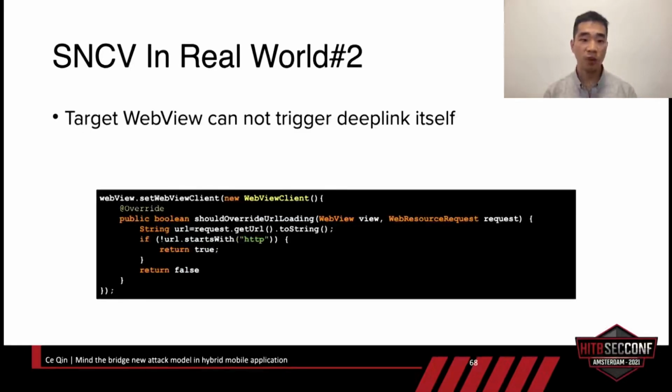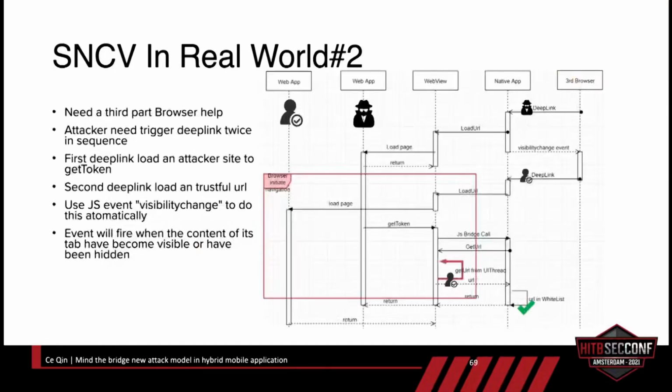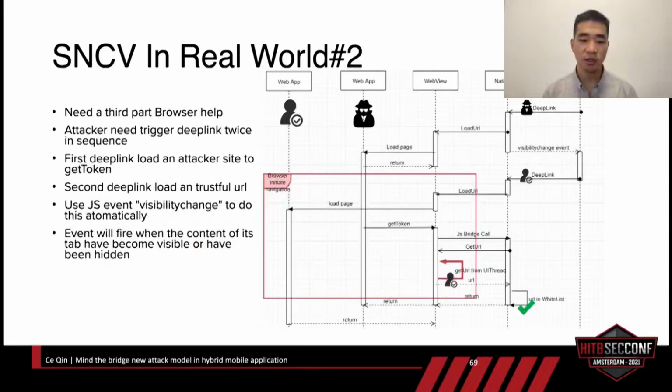If the target web view cannot trigger a deep link, we need a third-party browser's help. The attacker needs to trigger a deep link twice in sequence. First, the deep link loads an attacker site to get the token, and the second deep link loads a trusted URL to bypass verification.